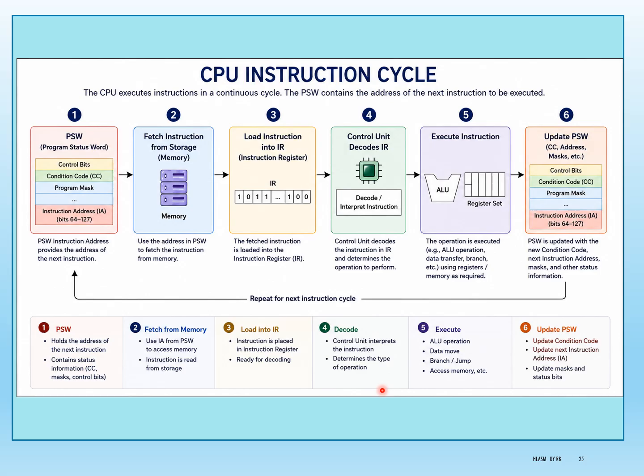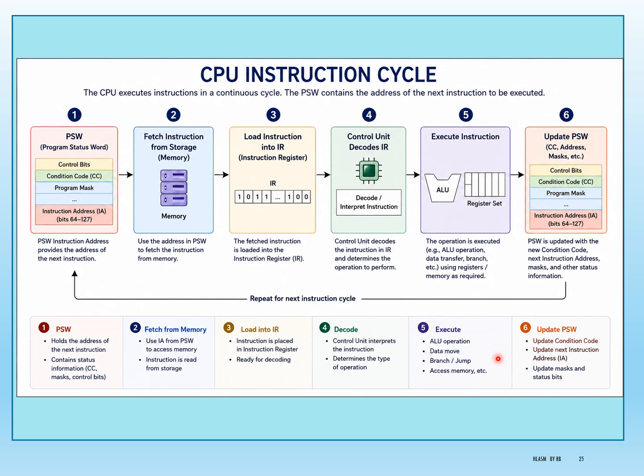Who is doing the decoding? The control unit interprets the instruction. It determines the type of operation it is supposed to do, and it keeps sending messages to the ALU and register set. ALU operation happens, data will move, it can do branch, it can do jump, it will access memory, etc. Basically, between the ALU and the register set, whatever operations you are asking it to do, the arithmetic and logical operations, will happen.